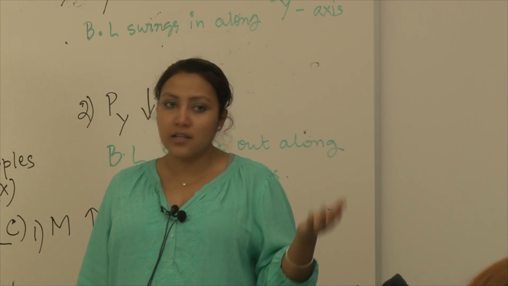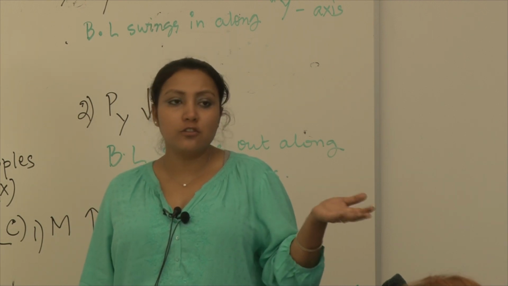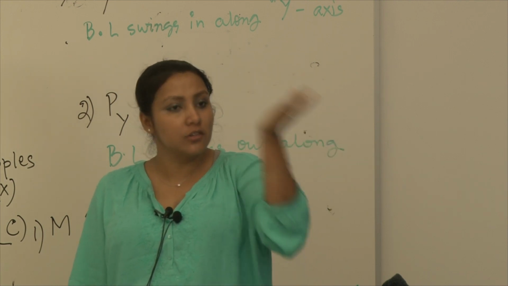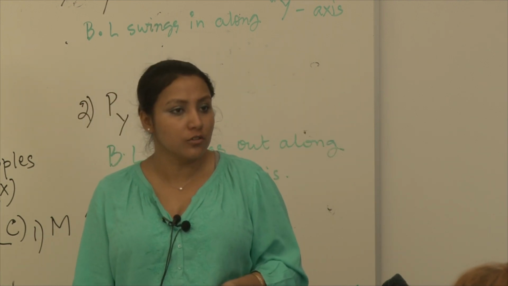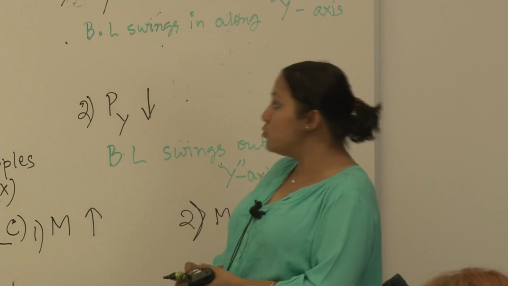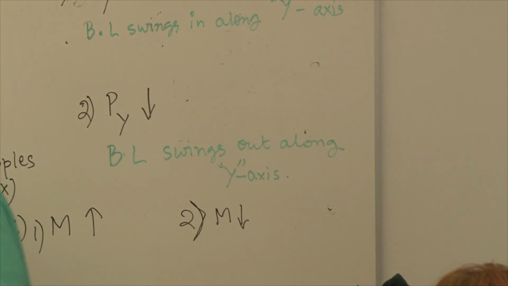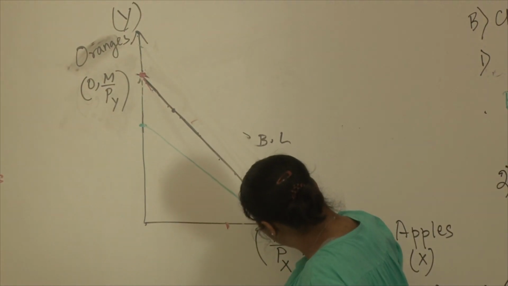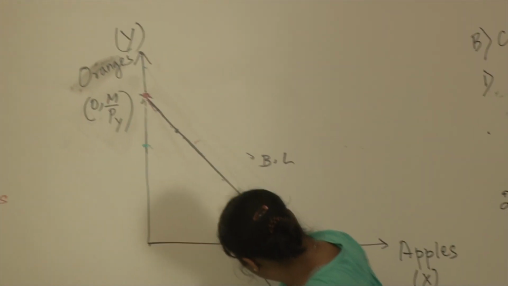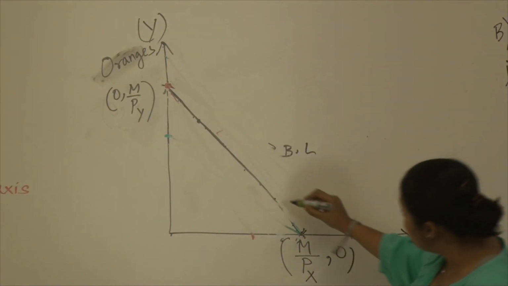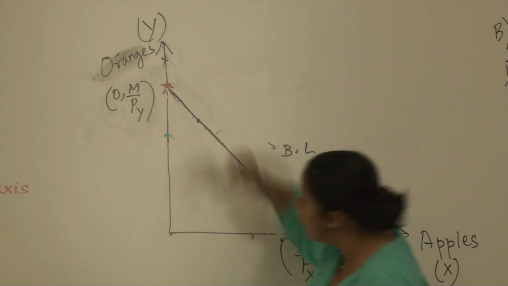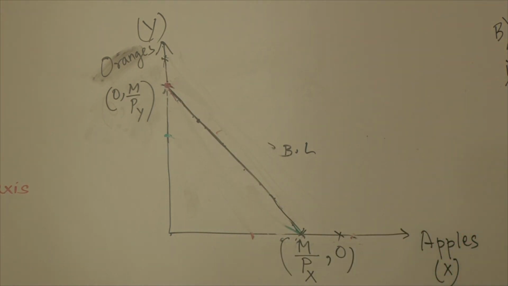So, if the price is still $5 per unit, now you can buy 200 divided by 5 of apples and 200 divided by 5 of oranges, which is more. So, that means without any change, once again I will do it here, you can draw another one or do it in the same one, whatever suits you. It just means that this person is going to consume more of apples and more of oranges, more of both, assuming they are both normal goods.